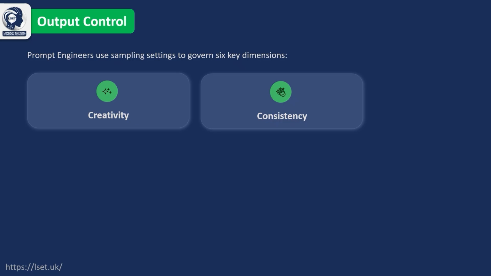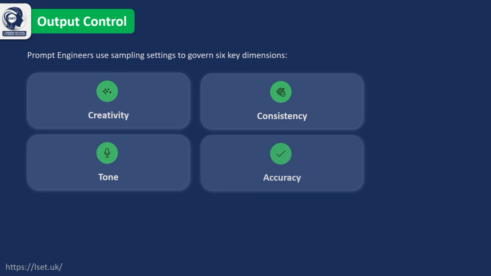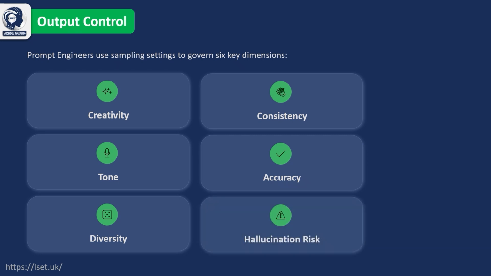In addition, they help shape the tone, whether the response should be formal, conversational, or persuasive, while maintaining accuracy for factual tasks. The settings also affect the diversity of the generated content and help reduce the risk of hallucinations, where the AI may generate incorrect or misleading information. Choosing the right combination of sampling parameters allows you to generate outputs that are better suited to your specific goals and use cases.